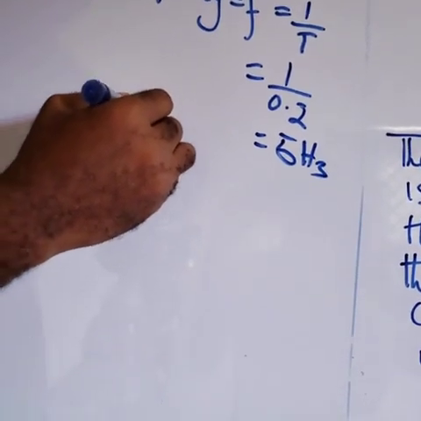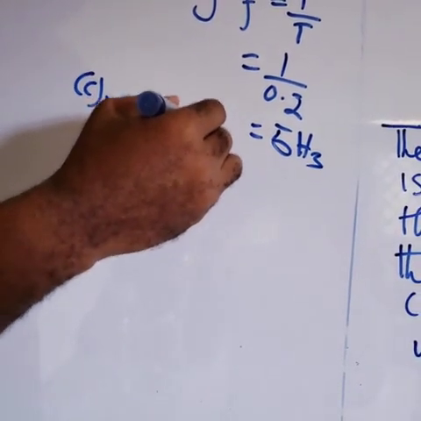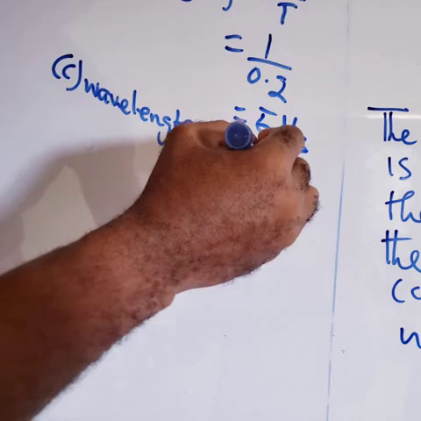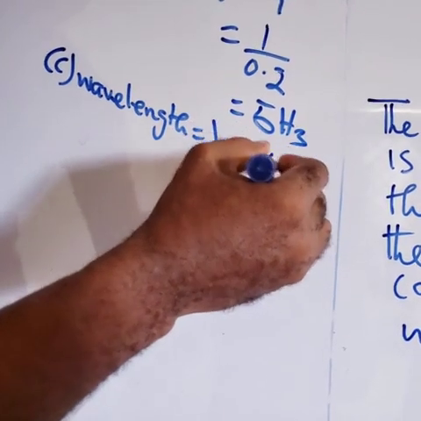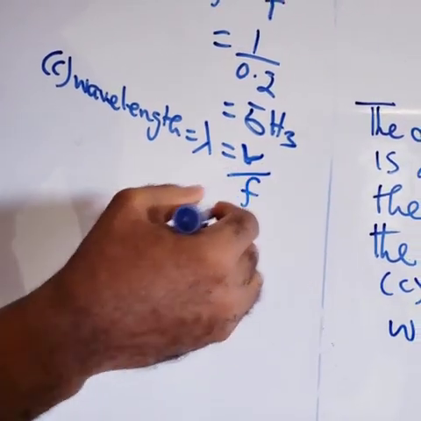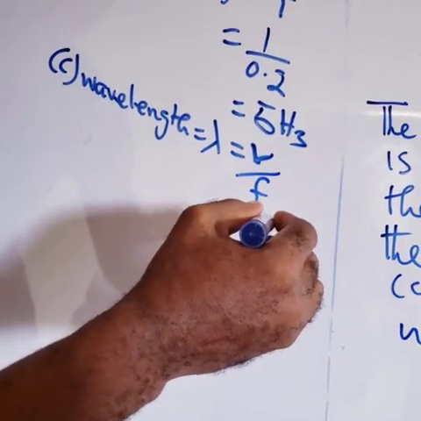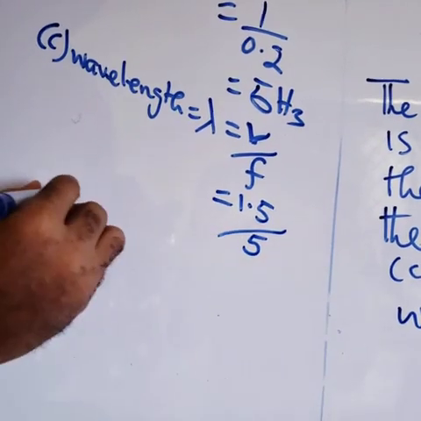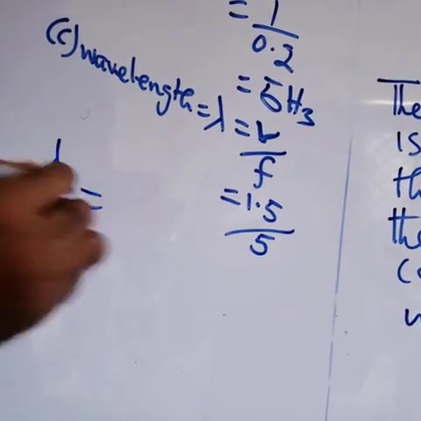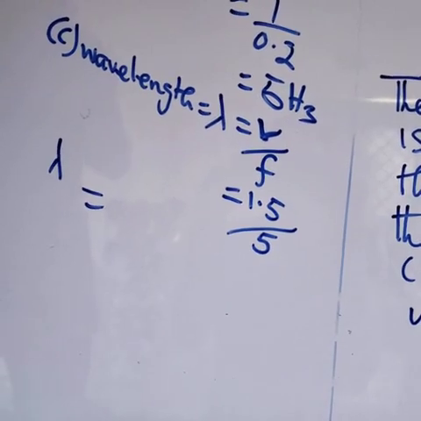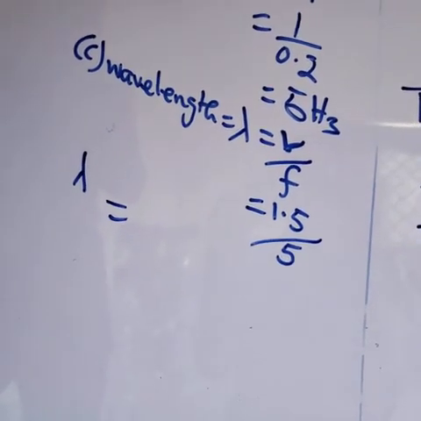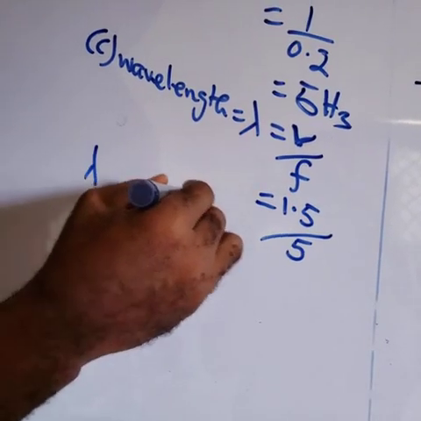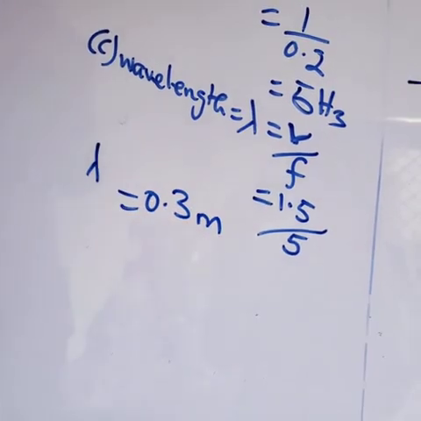Wavelength is lambda. It is gotten by speed divided by frequency. We have speed as 1.5, frequency is 5. That means wavelength should be 1.5 divided by 5, and the answer is 0.3 meters.